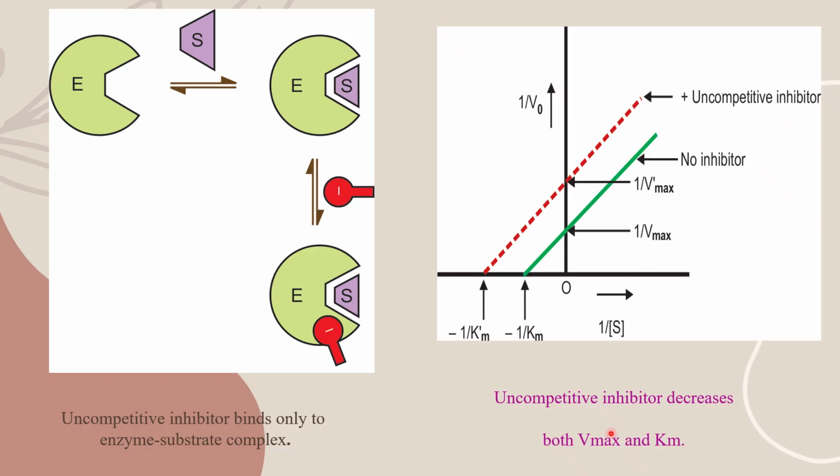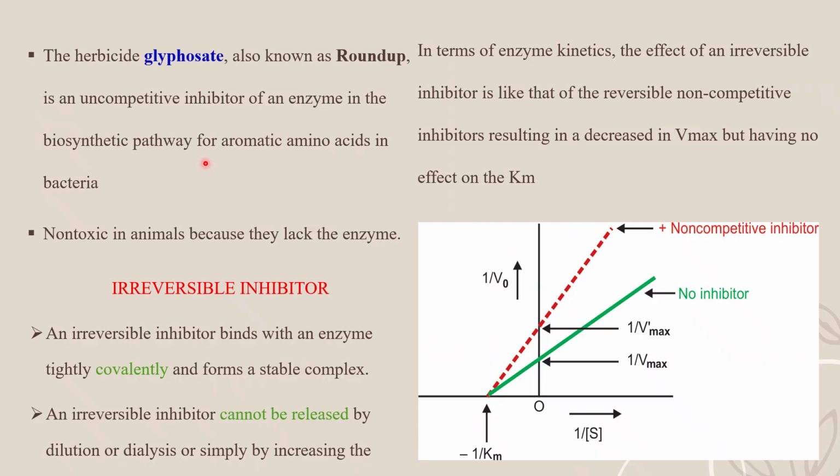So both Vmax and Km are reduced. Then an example is the herbicide glyphosate, known as Roundup, an uncompetitive inhibitor of an enzyme in the biosynthetic pathway of aromatic amino acids in bacteria, and non-toxic in animals because they lack this enzyme.